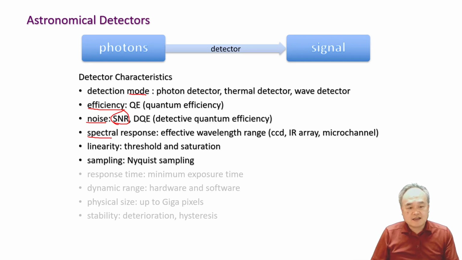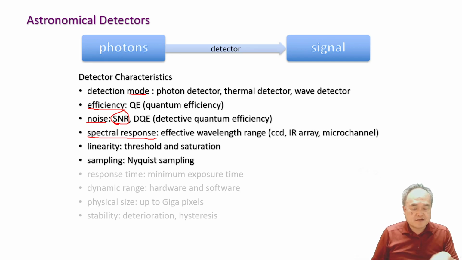Then, what wavelength regime a particular detector is operating in, so in terms of spectral coverage or spectral response. Such as the CCD, which only works in the optical domain, although in some far UV wavelength regimes the CCD may also work fine.